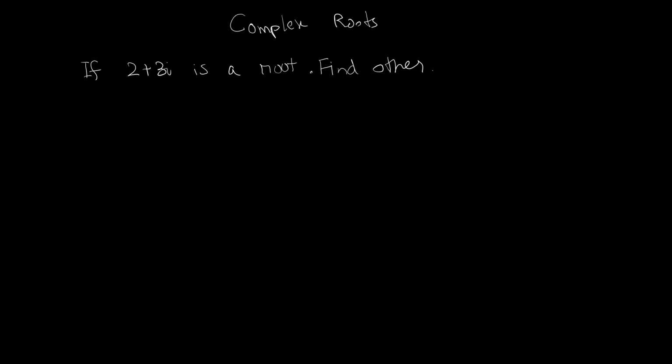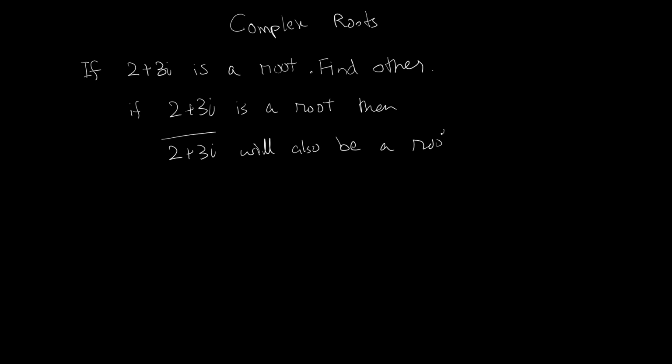Hence, if 2 plus 3i is a root, then the conjugate of 2 plus 3i will also be a root. And since it equals 2 minus 3i, 2 minus 3i is the second root.